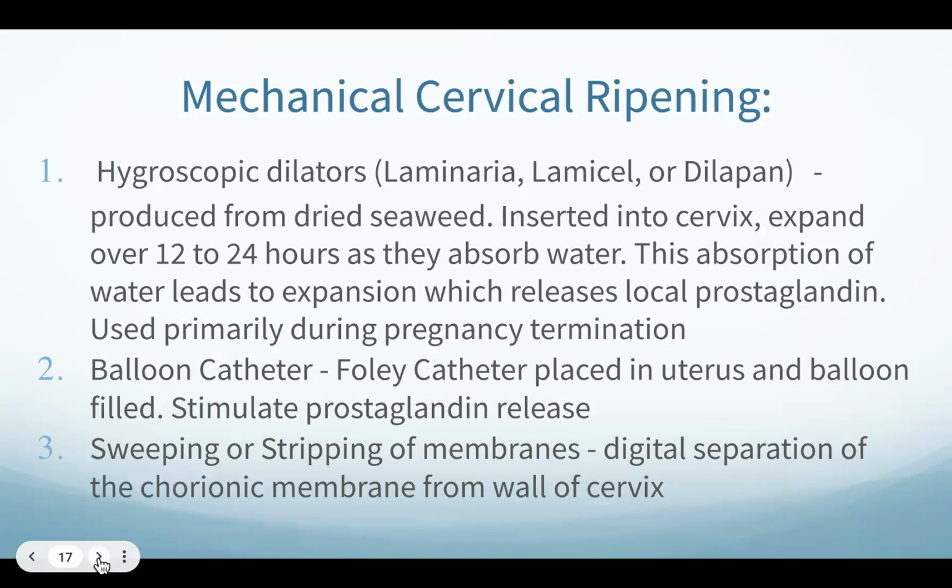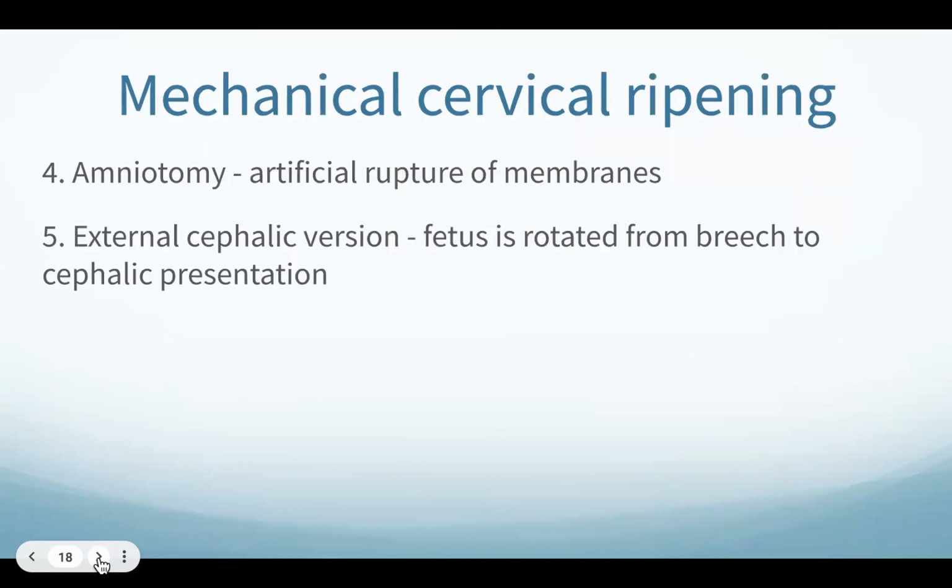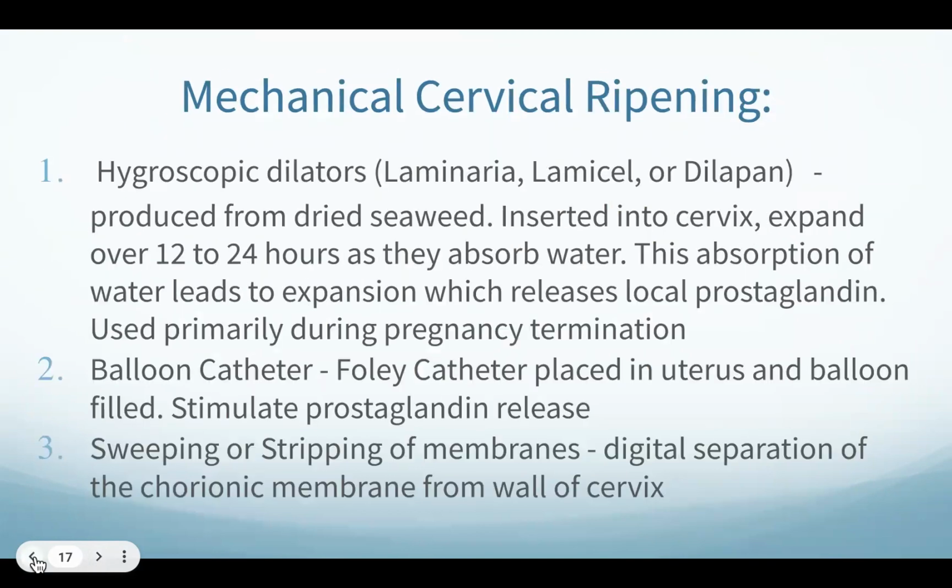Mechanical cervical ripening. I'm just going to flip the screen over because I want to show you that I'm going to go over 5 different ones. The first one are hygroscopic dilators, and they use dried seaweed. Not that they're putting dry seaweed into the vagina, but they're using derivatives from dried seaweed.